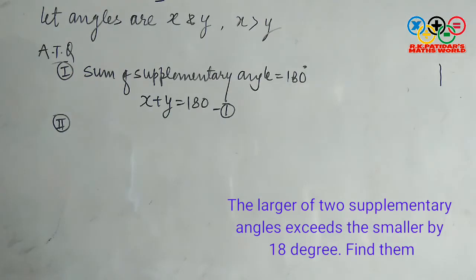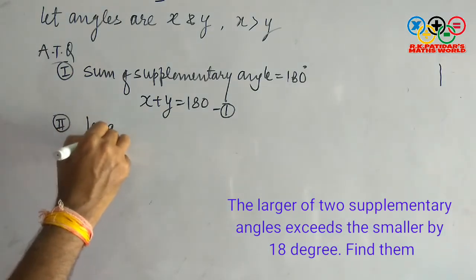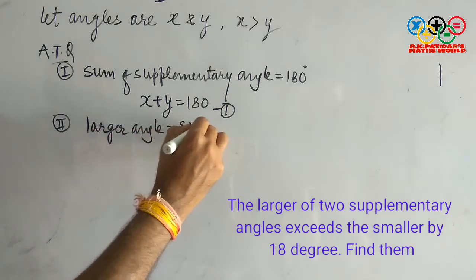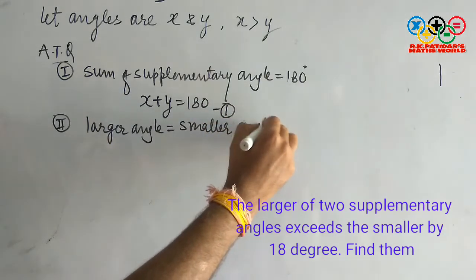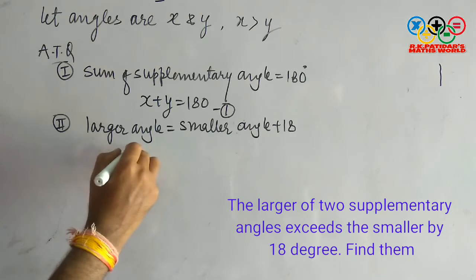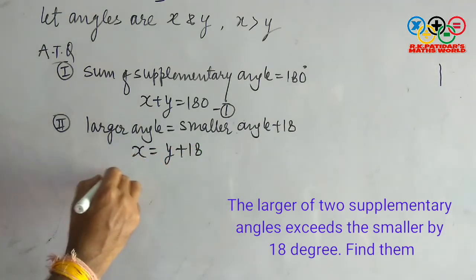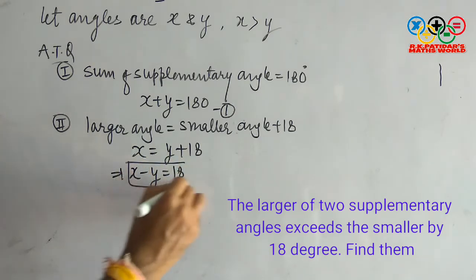Second, the larger exceeds the smaller by 18. Larger angle is equal to smaller angle plus 18. x is equal to y plus 18, means x minus y is equal to 18.